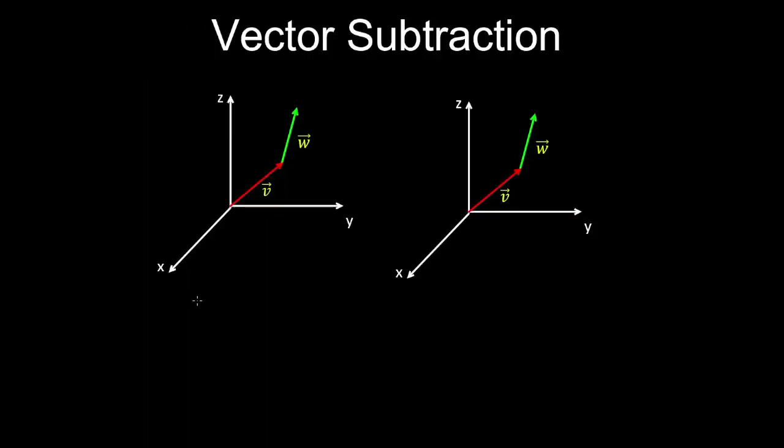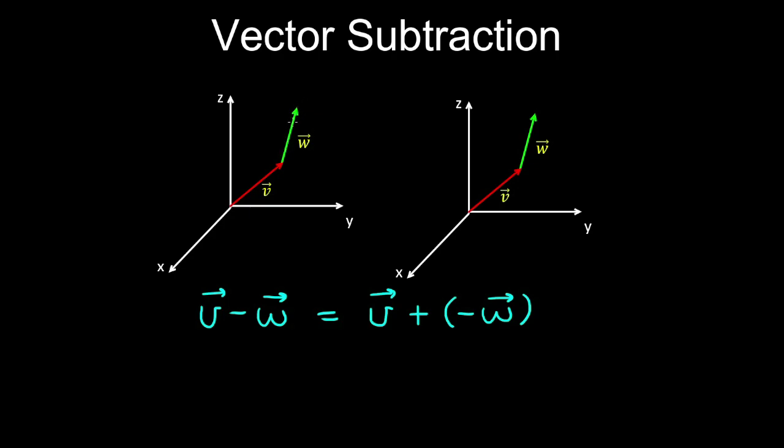Subtracting two vectors, so for example, v minus w, can be done using vector addition and scalar multiplication. So what we can do is rewrite this as the vector v plus the negated vector w.